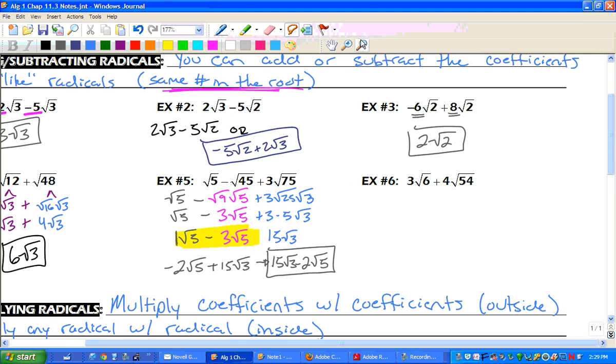Alright, number 6. Okay, I can't break down 3 root 6, but I can break down the square root of 54 to 9 and 6.